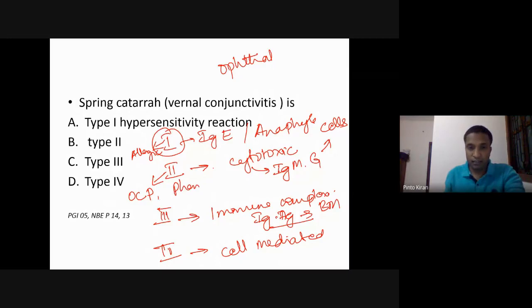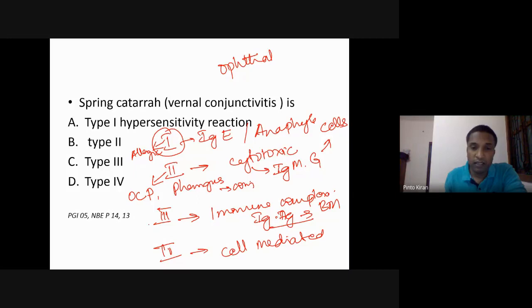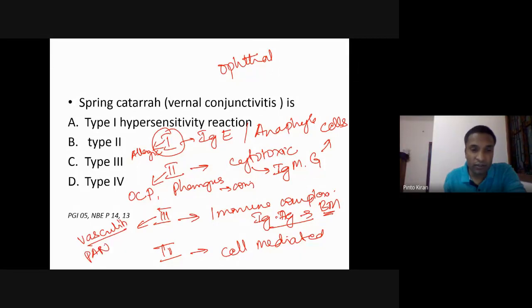Just like the rest of the body, you have pemphigoid or pemphigus, you'll have it here also involving the conjunctiva. Then type 3, immune complex mediated, where the complex gets deposited on the basement membrane. Examples are vasculitis, like polyarteritis nodosa, all kinds of vasculitis seen in the retina.